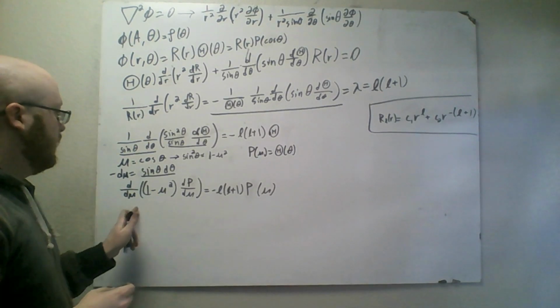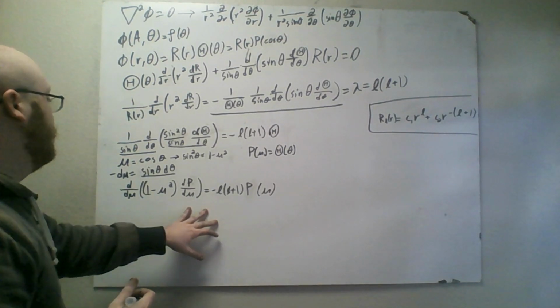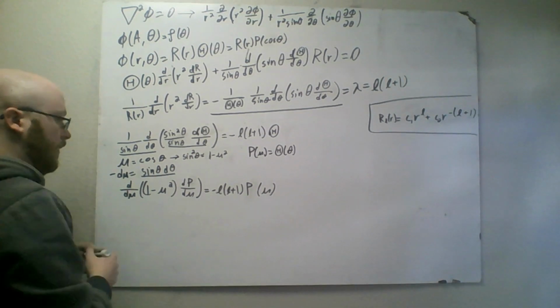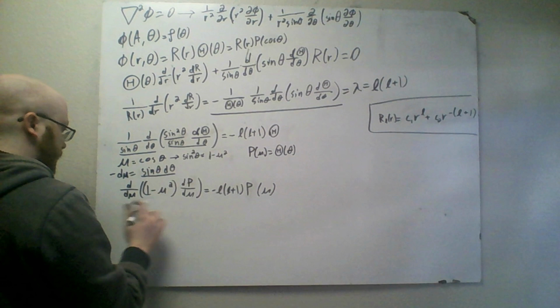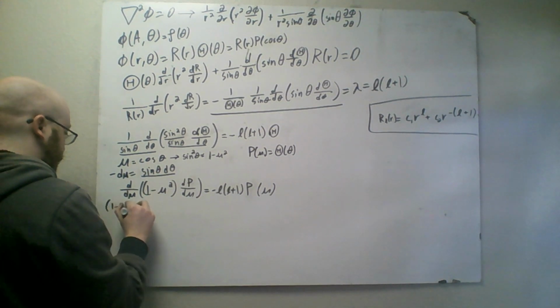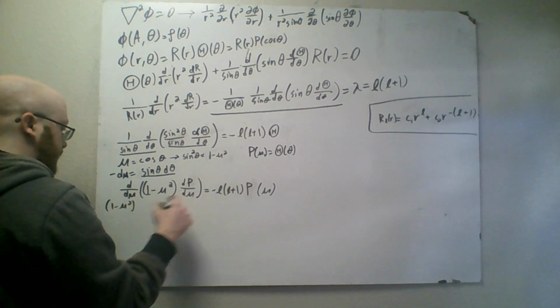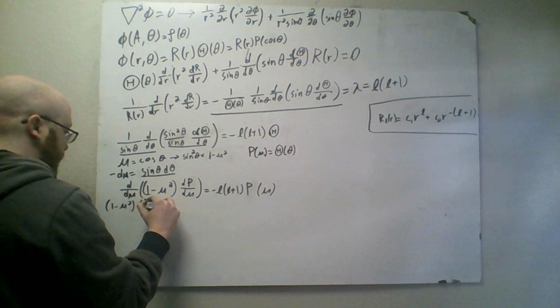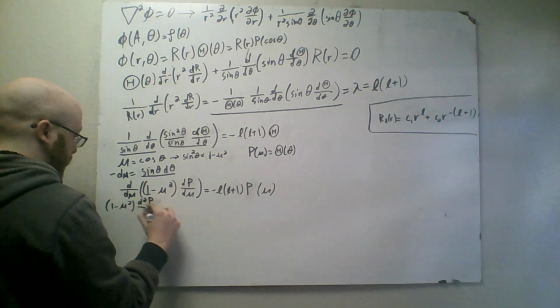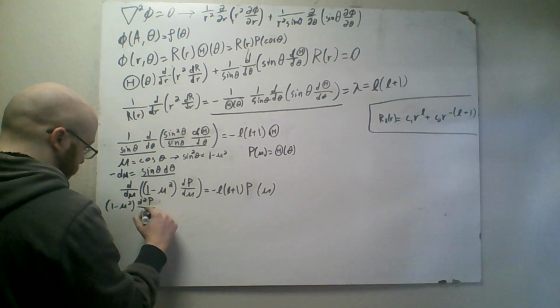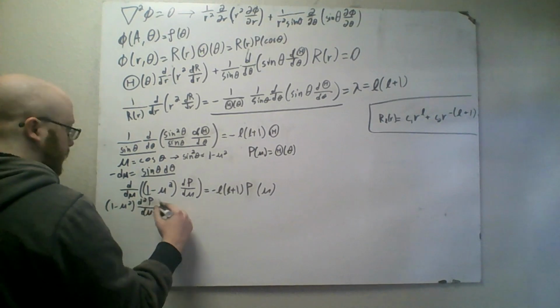So moving on, if we take the derivative of this guy and expand it out, this one's easiest, so we're going to do 1 minus mu squared times d squared P over d mu squared.